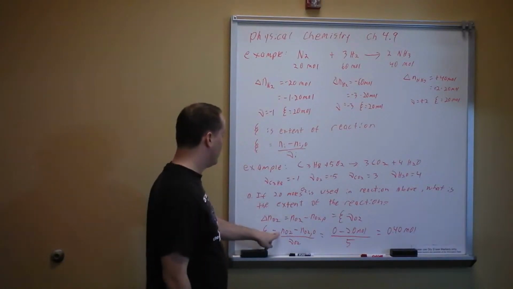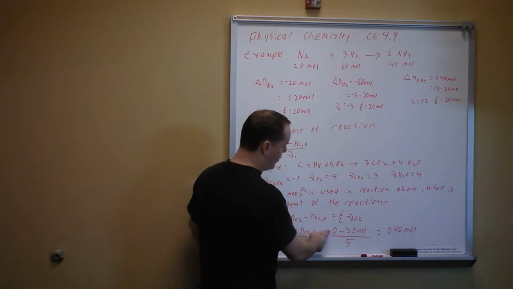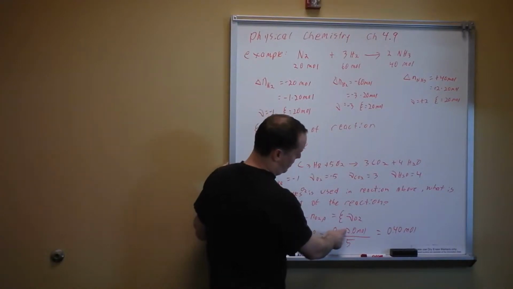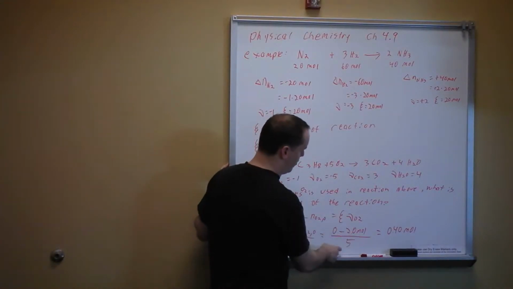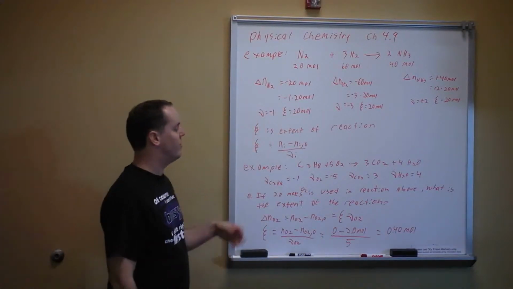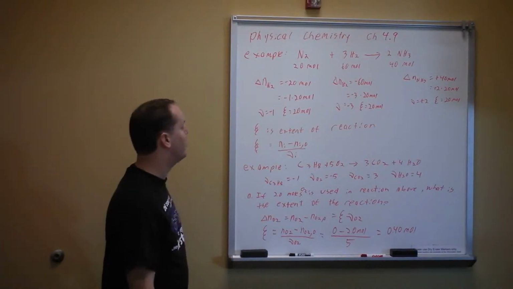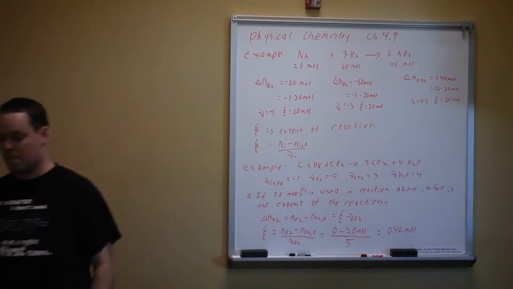Well, we know the extent is just N of O2 final minus N of O2 initial divided by nu of O2. We're going to end up with 0 moles, so we're going to take away 2 moles because that was our initial moles, divide by minus 5. So the extent of this reaction is a fraction, 0.40 moles. So yes, extent can be a fraction, decimal, however you choose to write that.